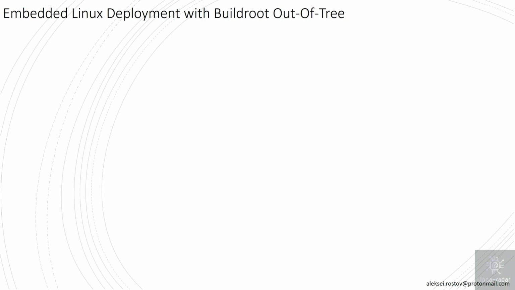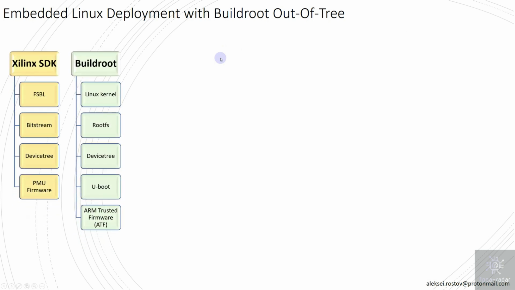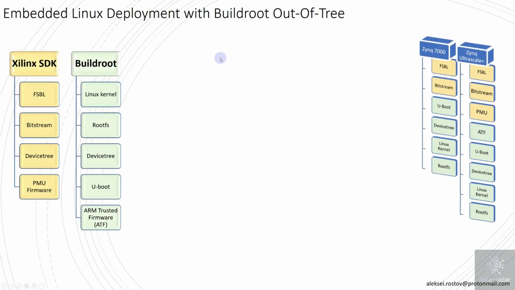The next step is to build and deploy Linux on the target by using Buildroot. First of all, I would like to mention what the system software is and what kind of artifacts I need in order to bring up and run Linux on Zynq 7000 and Zynq UltraScale Plus. Here I'm using two different colors.